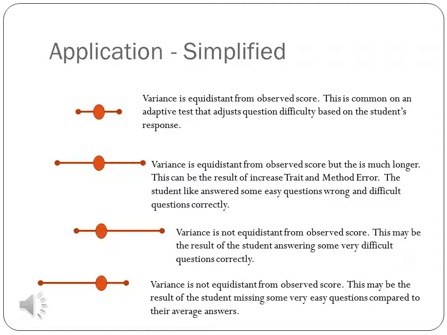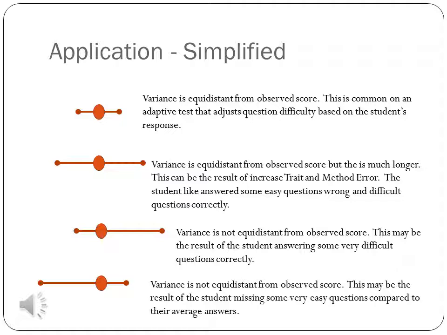Therefore, the variance, the standard error of measure, tends to be equidistant. In the second example, variance is equidistant from the observed score, but is much longer in length. This can be a result of increased trait or method error. The student likely answered some very easy questions wrong, but also got some very difficult questions correct. Therefore, the error is much broader.